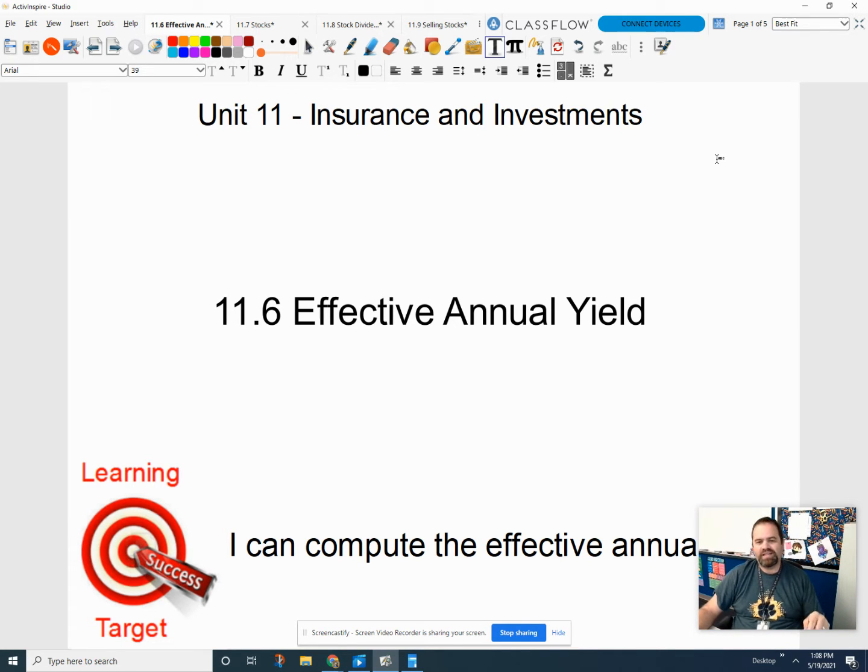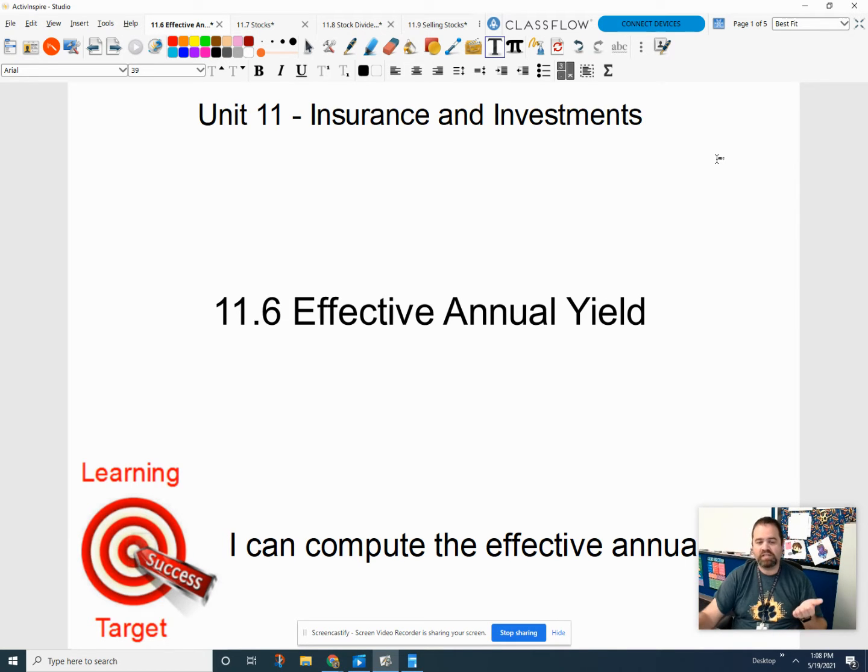So what this does is it lets you go back and find the real percent of money that you earned. That way you can compare investments on a more level playing field. Just because you're investing something at a higher rate doesn't mean you're going to get a higher rate of return if another investment is compounded more frequently.